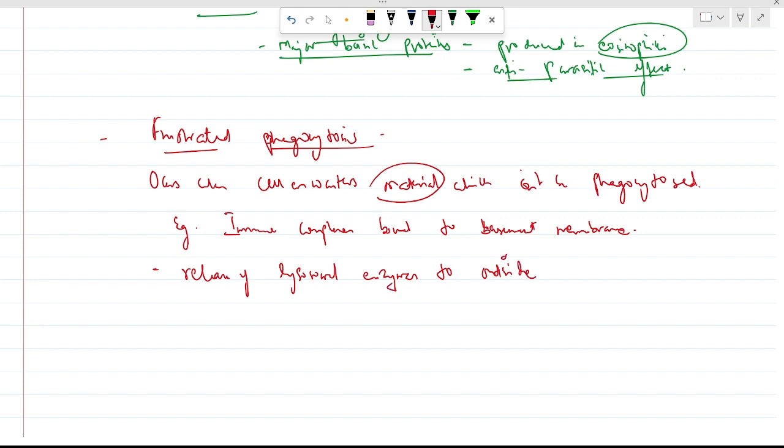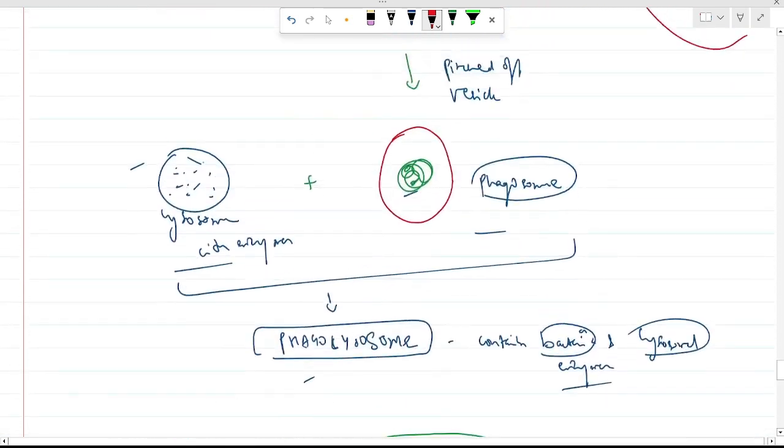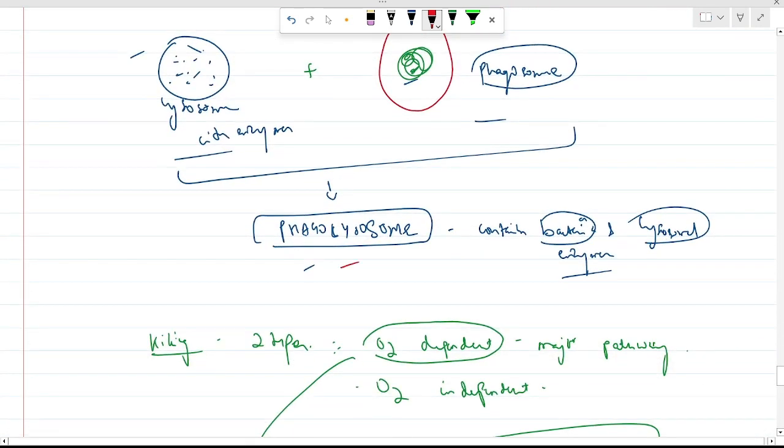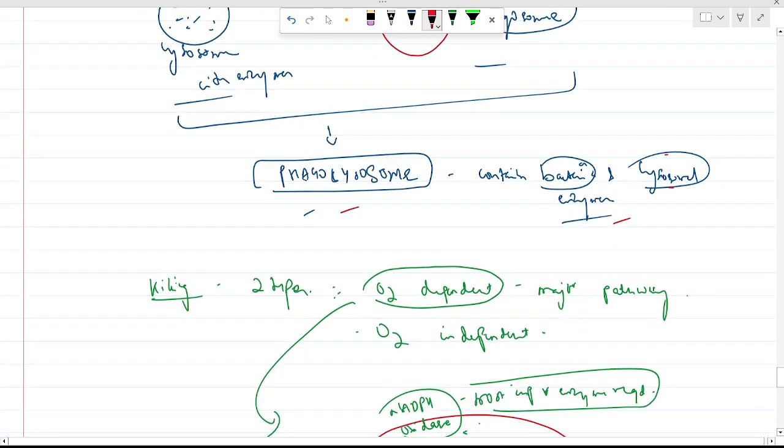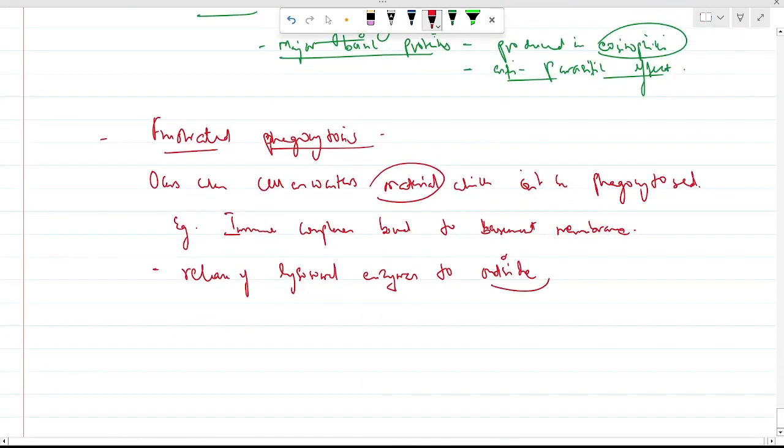Lysosomal enzymes from the phagolysosome, which contains the bacteria and lysosomal enzymes, are released to the outside and cause damage to the outside substances, just tissues, which can also aggravate some disorders. This is all about frustrated phagocytosis.